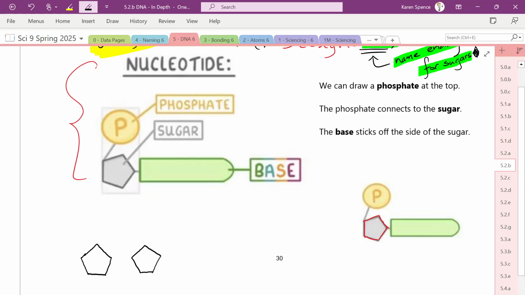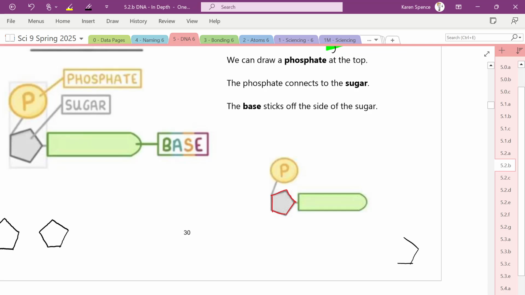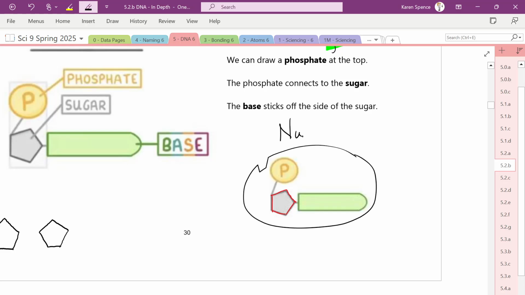All right. Now that you can draw a pentagon, we are going to practice drawing an entire, what do we call this whole thing? That is a nucleotide. So we're going to practice drawing the whole thing.